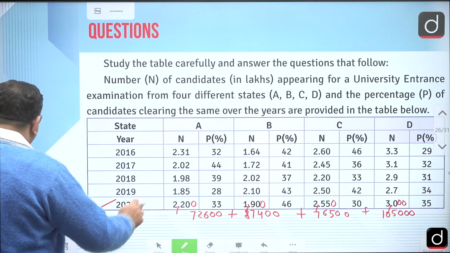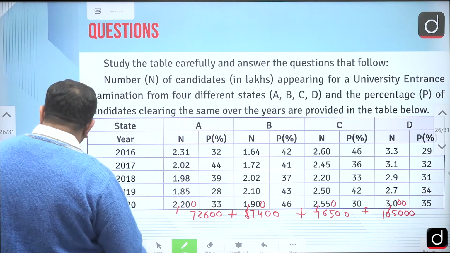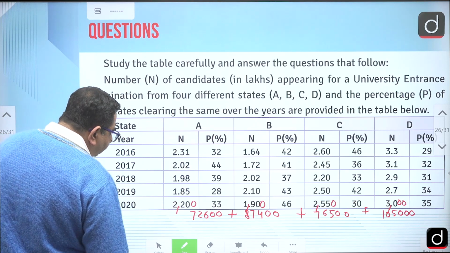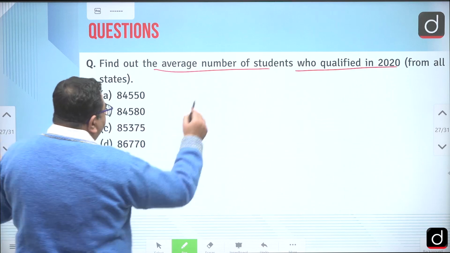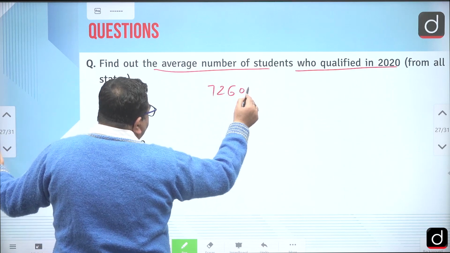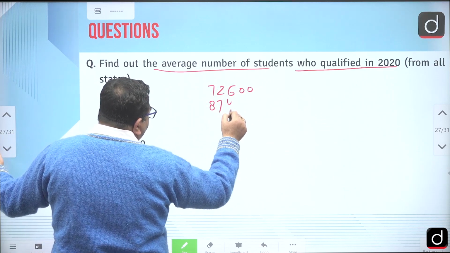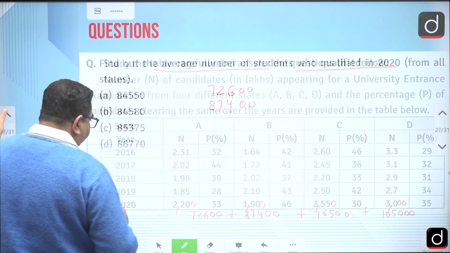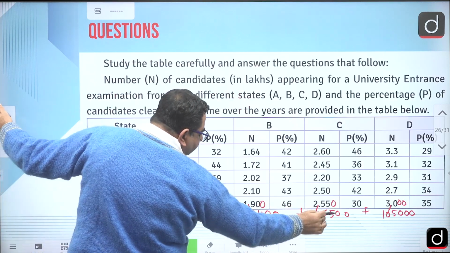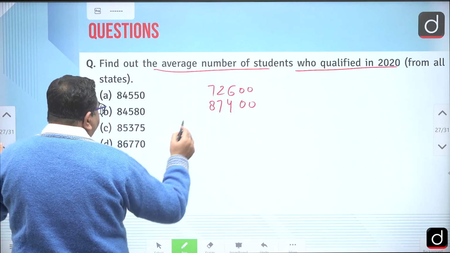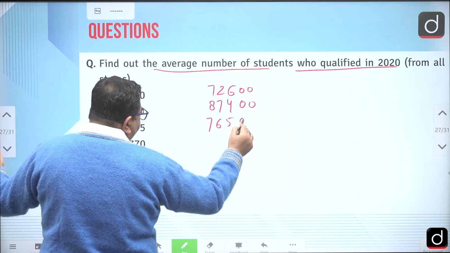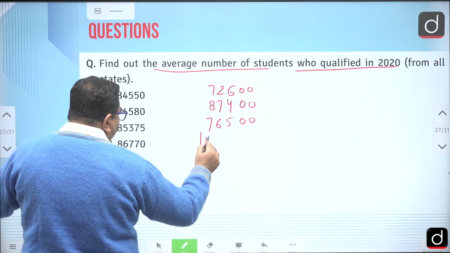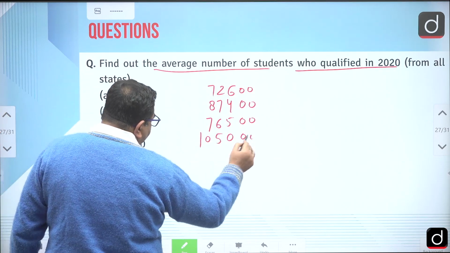So let me write all of them to the next page. 72,600, 87,400, 76,500, and last was 105, this, right?